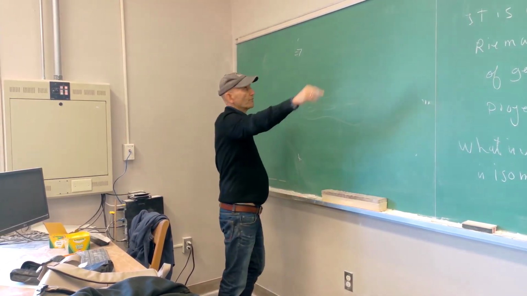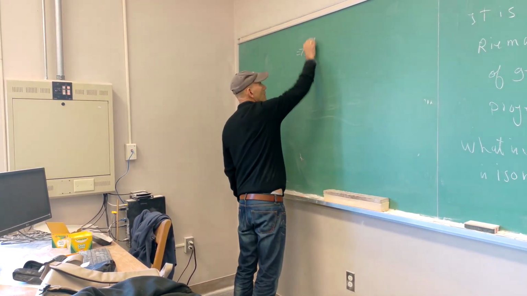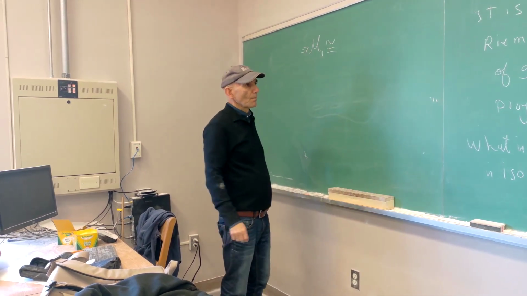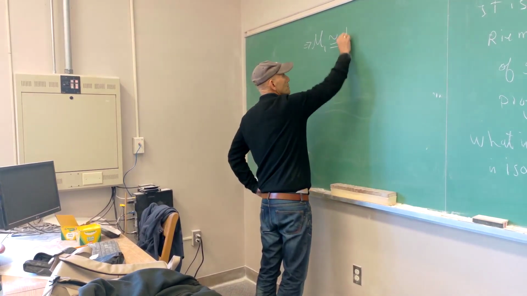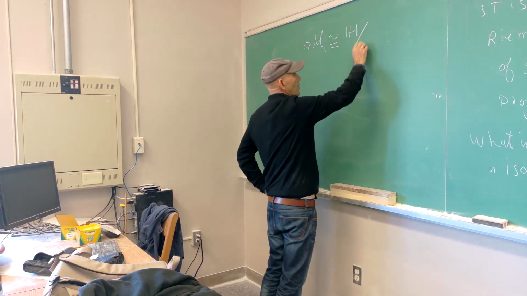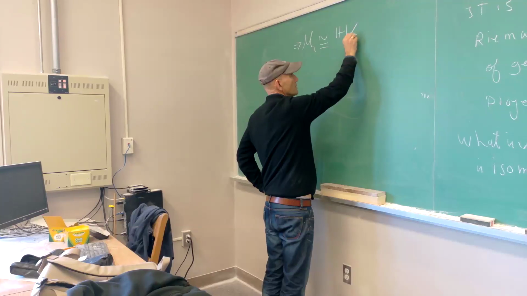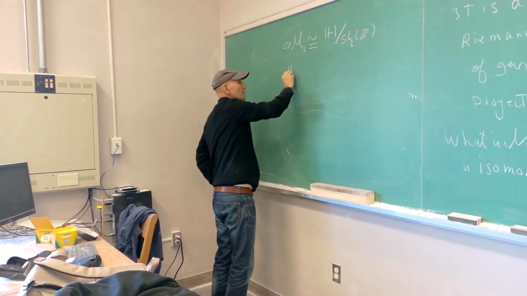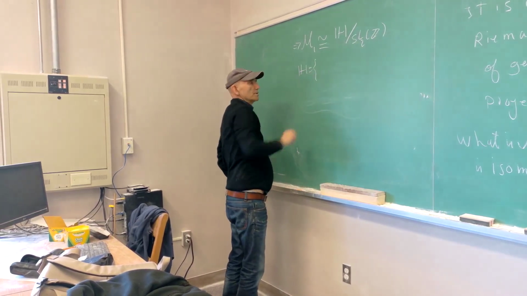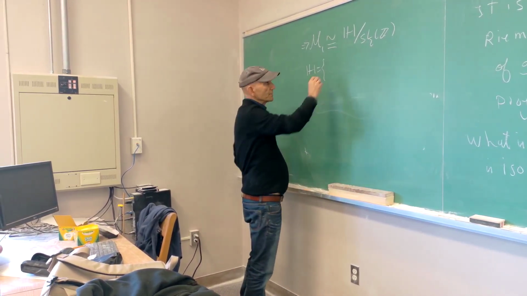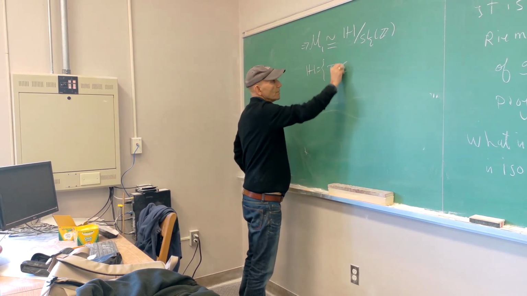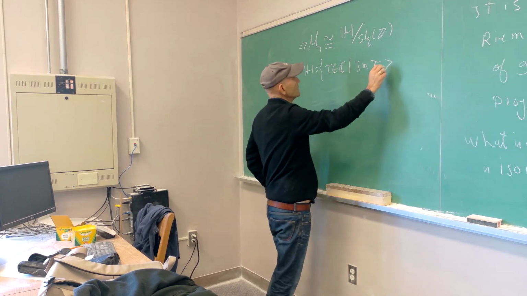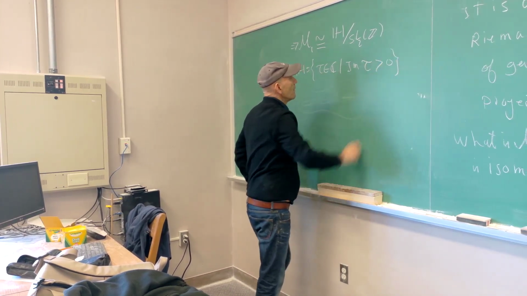If you believe those two facts, M1 is isomorphic to H divided by SL2(Z), where H is the set of all tau belonging to the complex numbers such that the imaginary part of tau is positive.